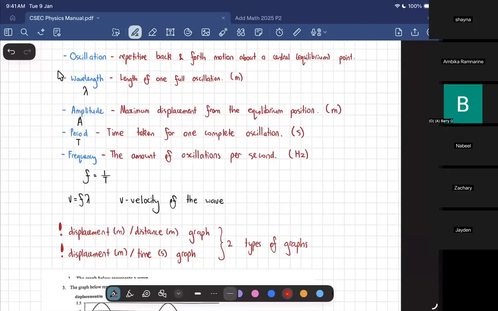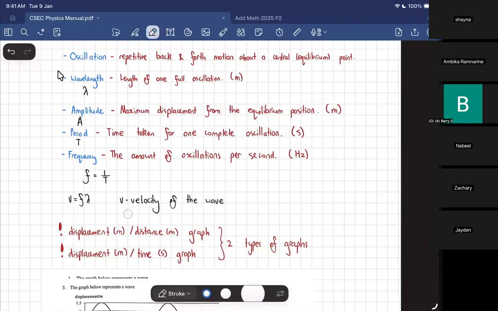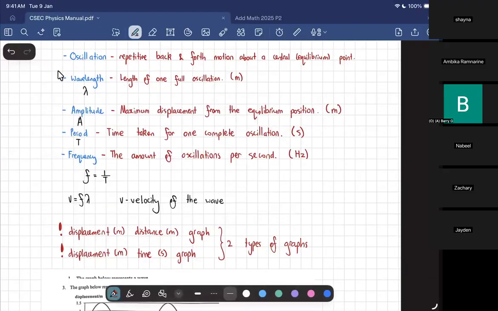All right, so those are the different types of graphs you need to be familiar with: a displacement distance graph and a displacement time graph. Do it like this instead. This is how it comes most of the time.